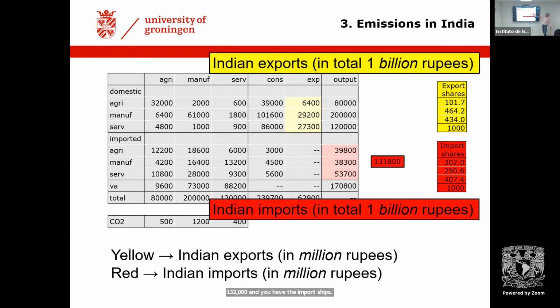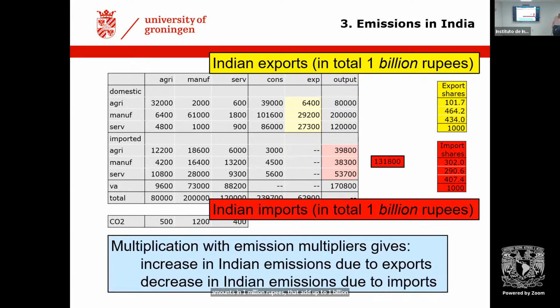And if you let them add up to 1,000, you have the amounts in million rupees that add up to 1 billion rupees of extra imports. Now, these are the factors that you use and you multiply them with emission multipliers.